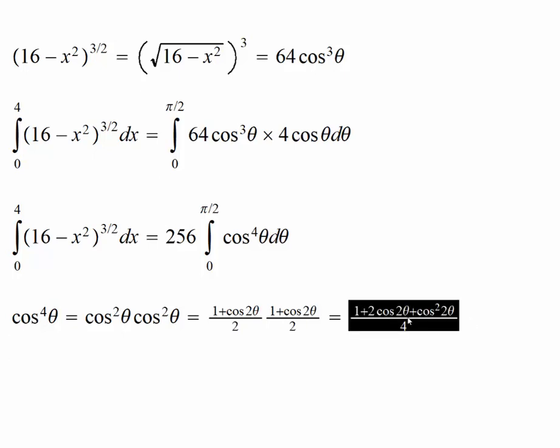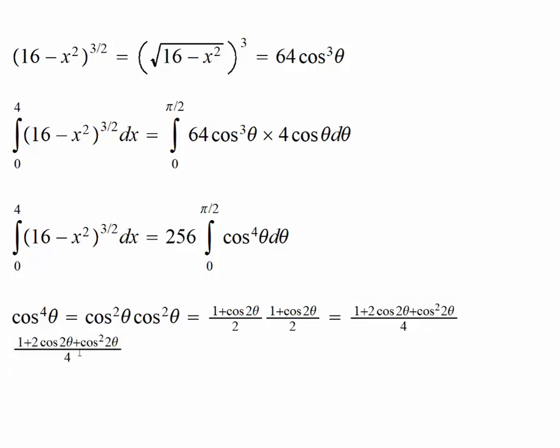Okay, notice this. Let me just write them factored out. So this is 1 over 4. Then for this term I will have 1 over 2 cosine of 2 theta. Let me write that in the parentheses.